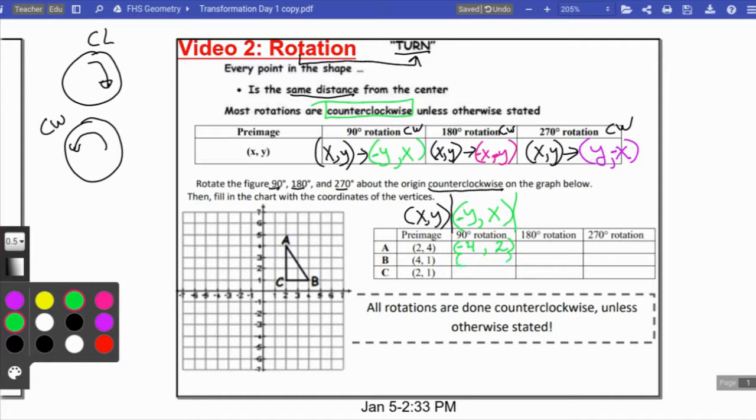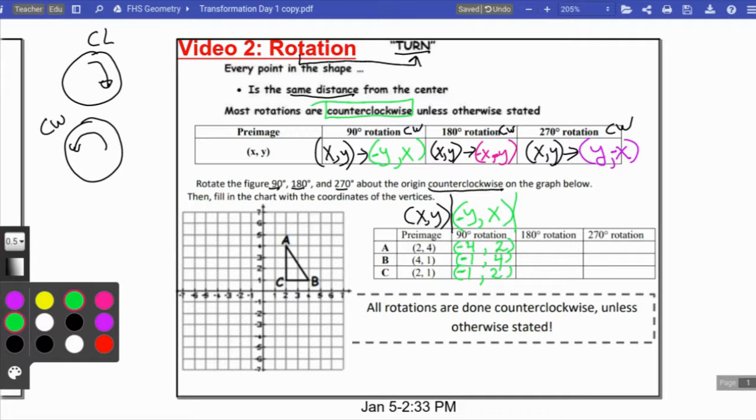It's (4, 1), but you switch: (1, 4), and make the left side negative. Next one is (2, 1). Switch: (1, 2), make the left side negative. There it is. We're done with 90 degrees counterclockwise.